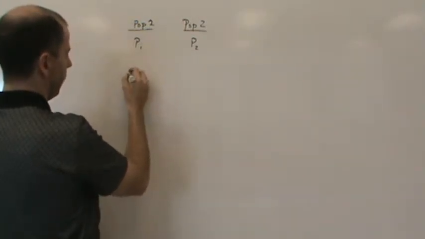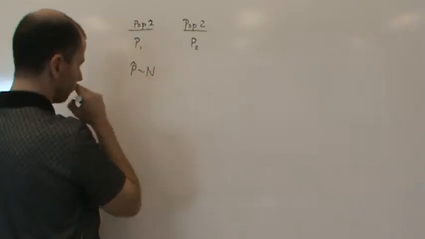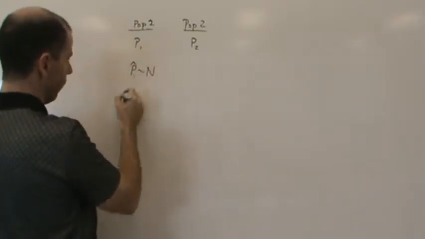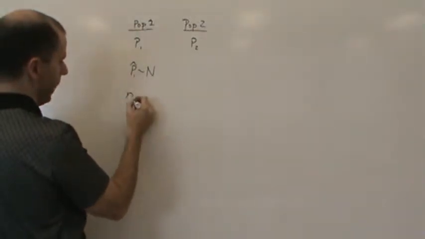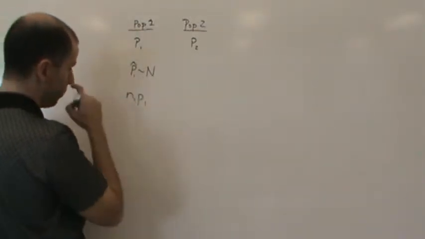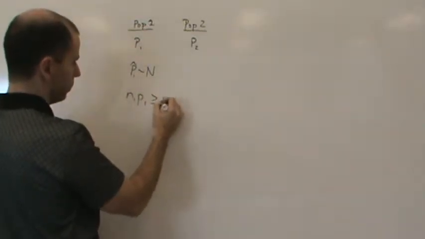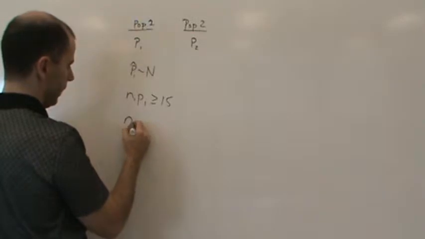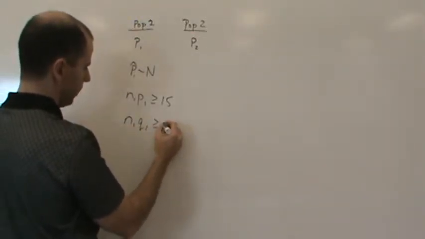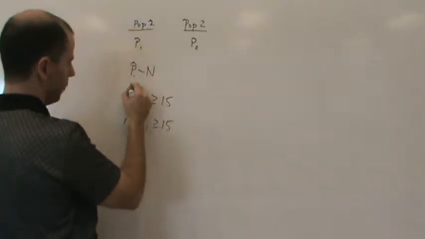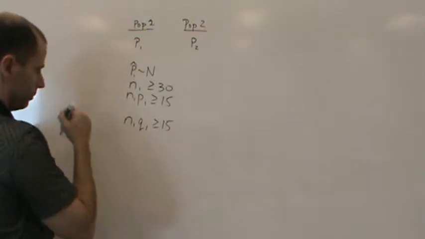So if I want to know that P hat 1 is normal, then what do I have to check? I have to check that N1 times P1 is greater than or equal to 15, and N1 times Q1 is also greater than or equal to 15, but also that N1 is greater than or equal to 30, right?